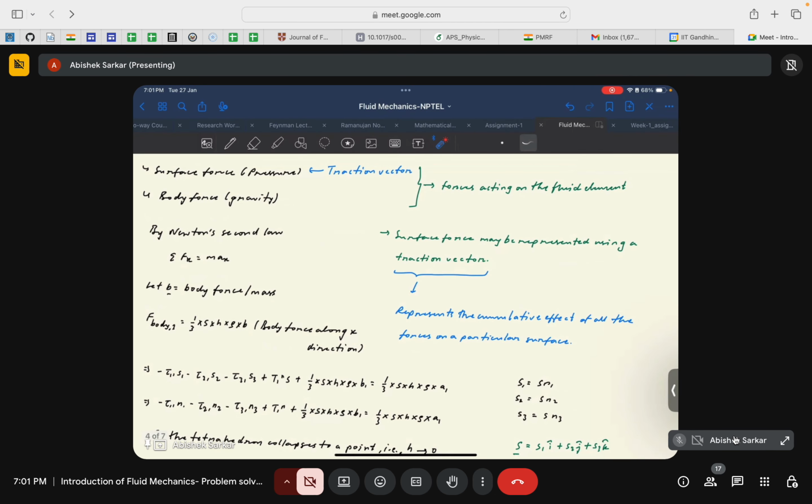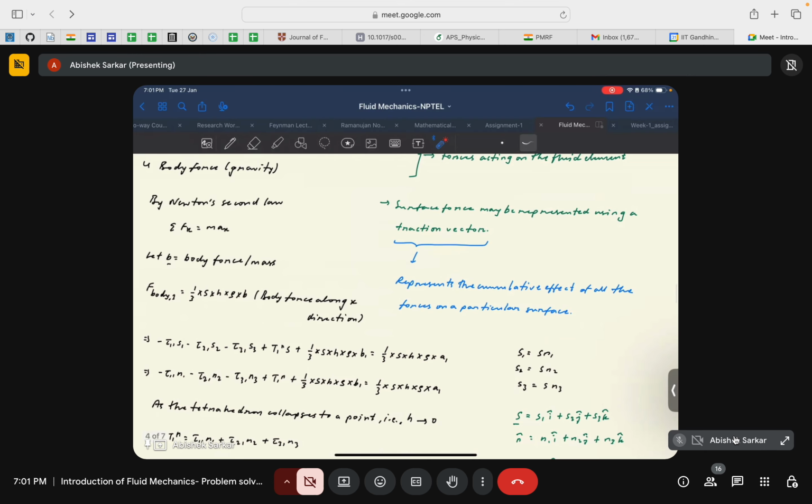Okay, so from Newton's second law, let us first understand it along the x direction. Net force would be mass times the acceleration along the x direction. Let B be the body force per unit mass. Again, as I mentioned, we define body force as some quantity per unit mass times the mass of the fluid element.